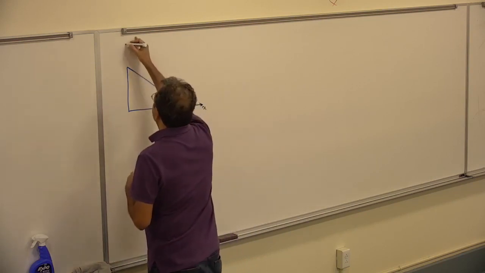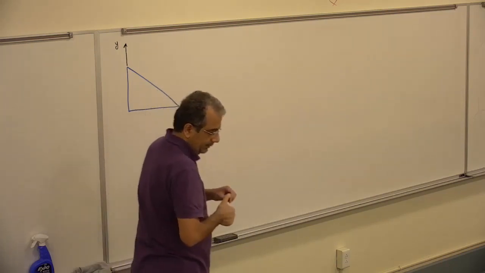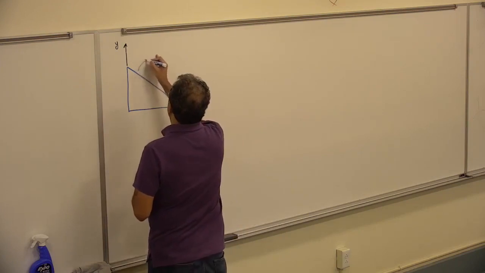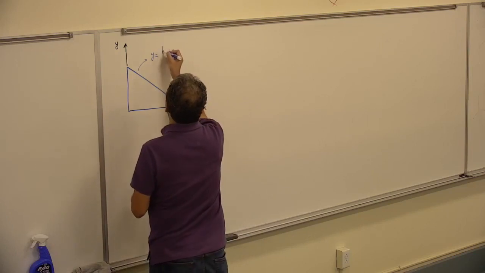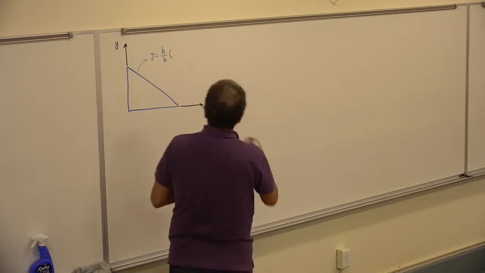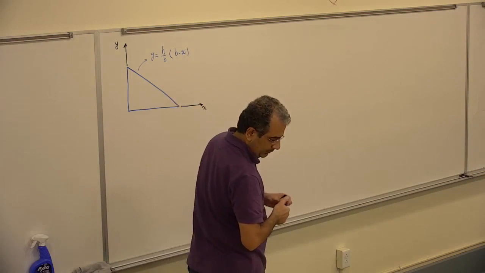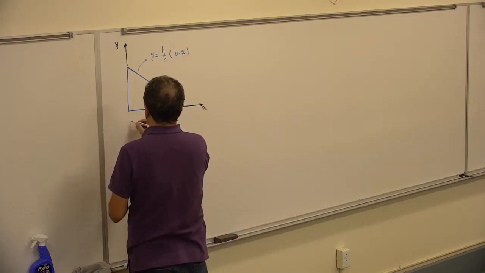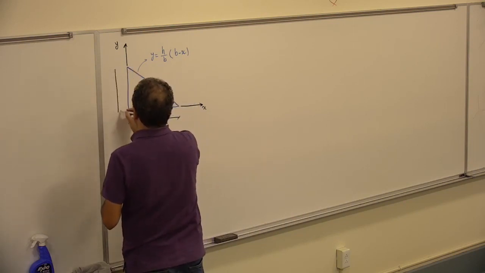The curve is y equals h over b minus x, with b and h as the dimensions.